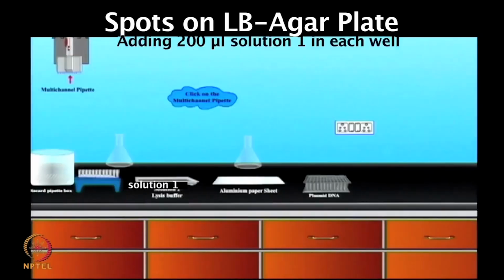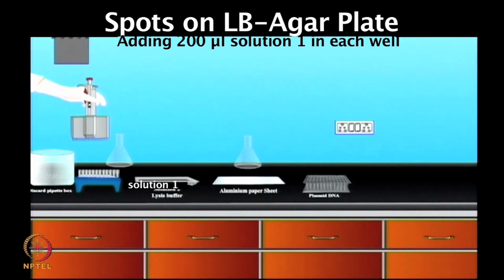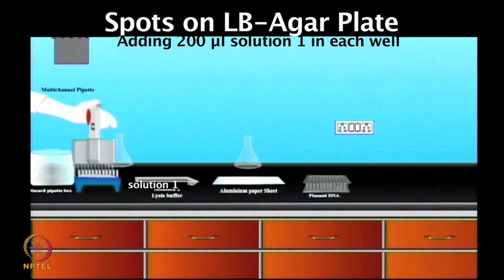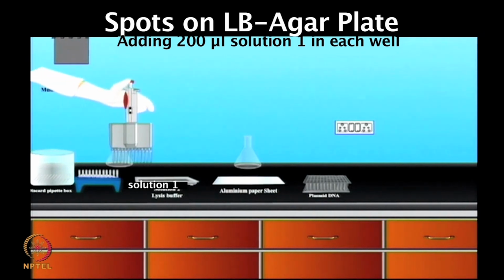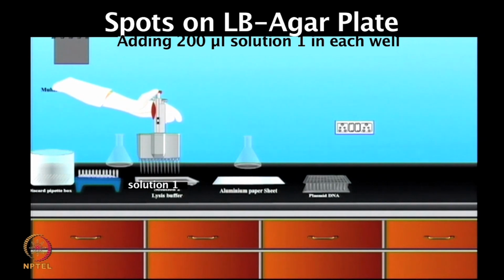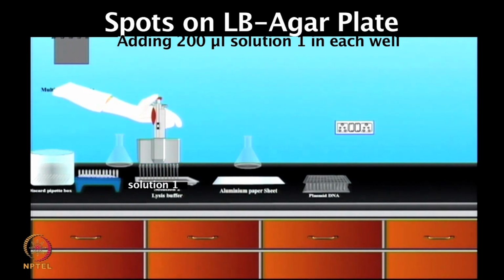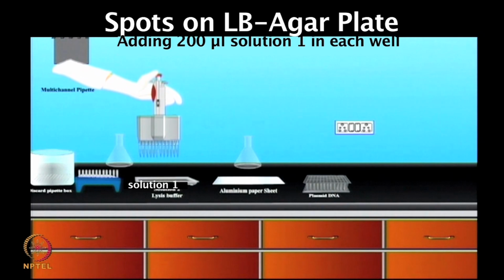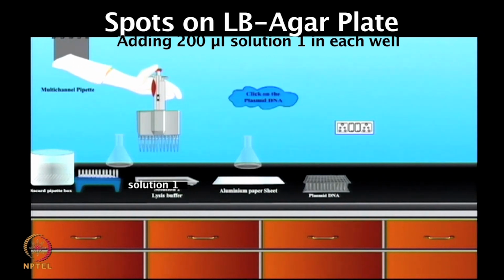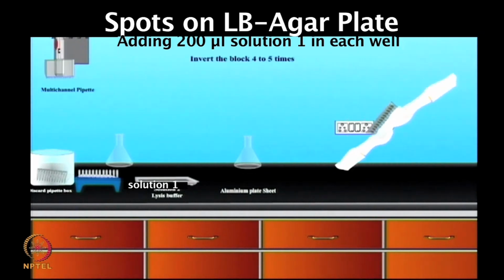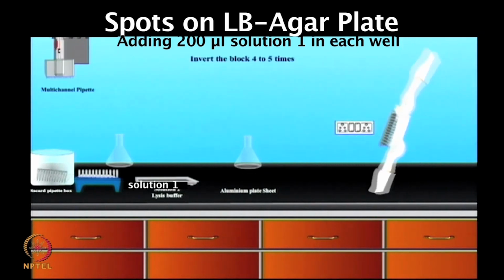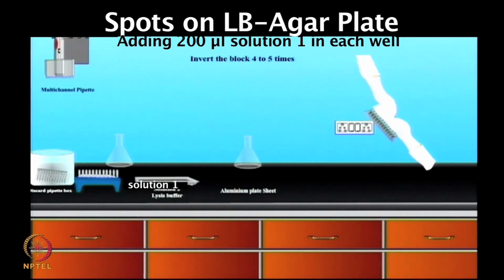After adding this solution, repeat the same process of adding 200 microliters of solution 2 to each well, seal the plate and then invert the plate a few times. Once solution 2 is added, make sure that you invert the plate a few times.